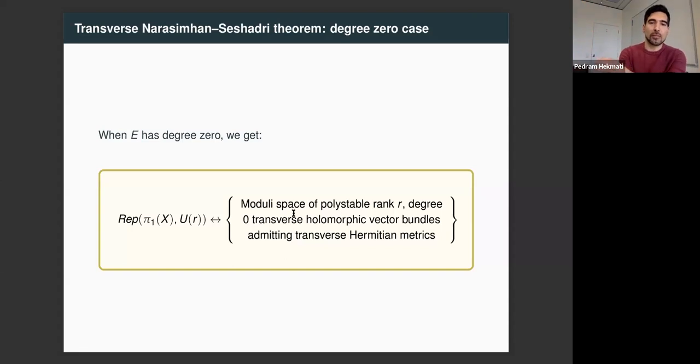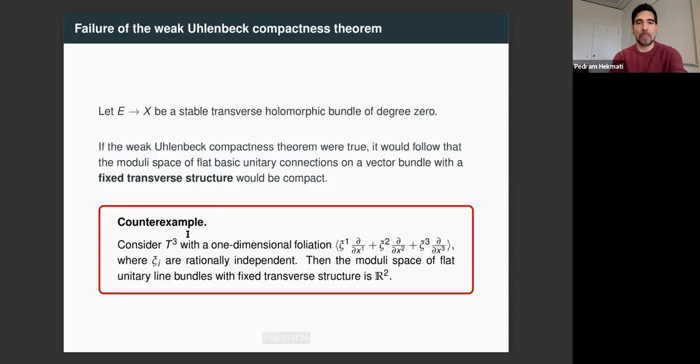So if you fix the transverse structure on the right-hand side, then you would just get a subset of representations of the fundamental group. And in fact, we don't expect those subsets or subvarieties of the character variety to be closed. In fact, you can easily construct examples where if you fix the transverse structure on your holomorphic bundle, then the corresponding moduli space is not compact.